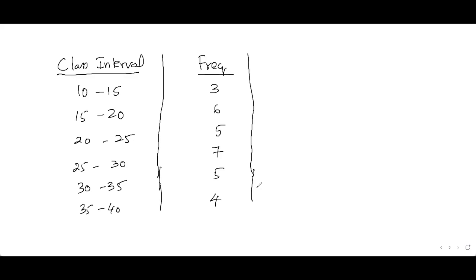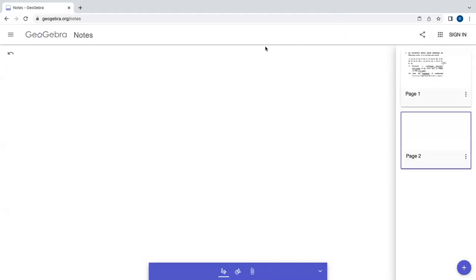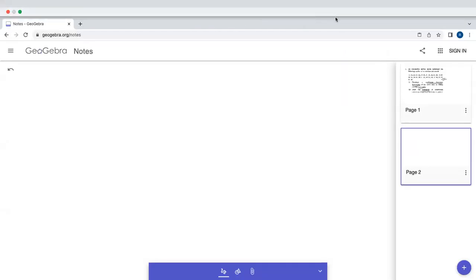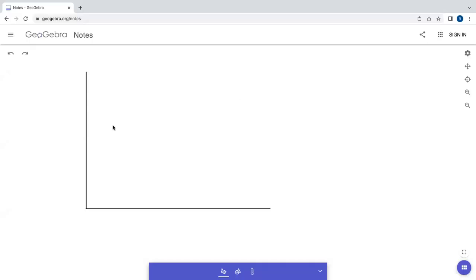And let us draw the histogram of the constructed continuous frequency distribution. Let us draw a scale where we put the class interval here and the frequency here.